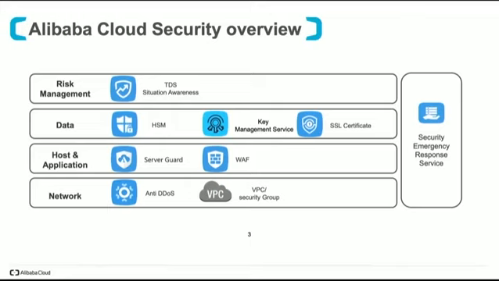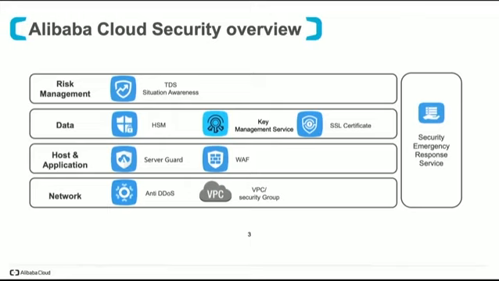If we look at Alibaba Cloud's security offerings, these security services that you can see on the screen come out of Alibaba's 15 years of experience in securing our own applications and environments. From the bottom level to the top, if we start looking at each layer, the network layer, we've got Anti-DDoS, which prevents the denial of service attack and mitigates the threats.